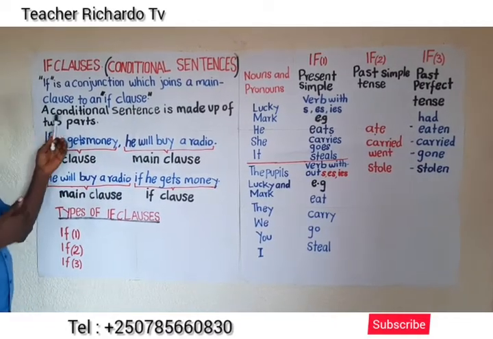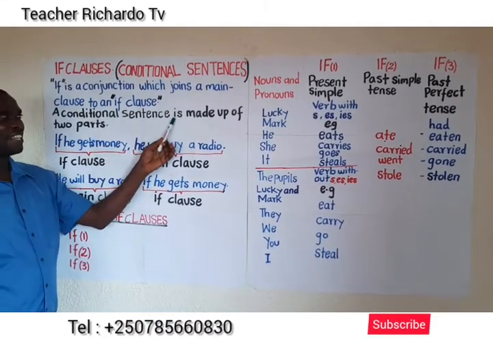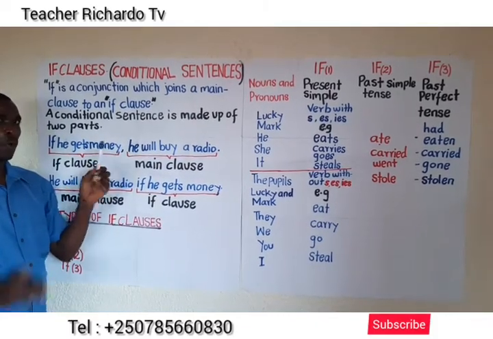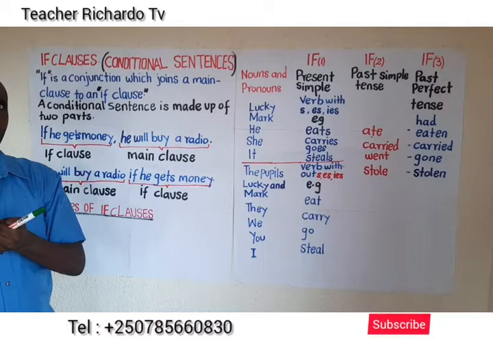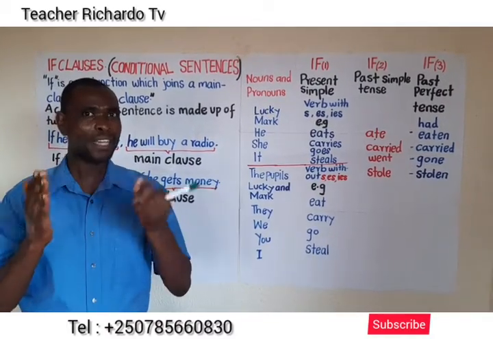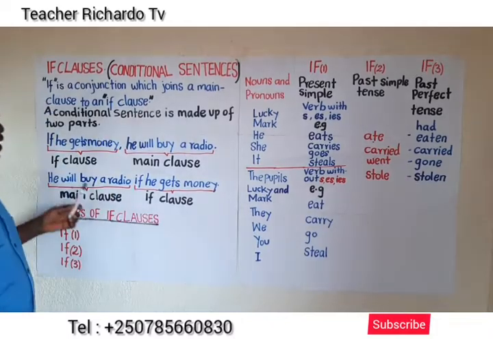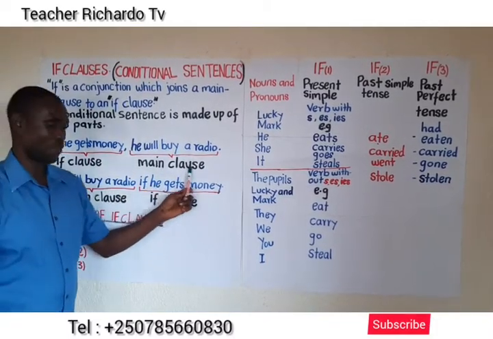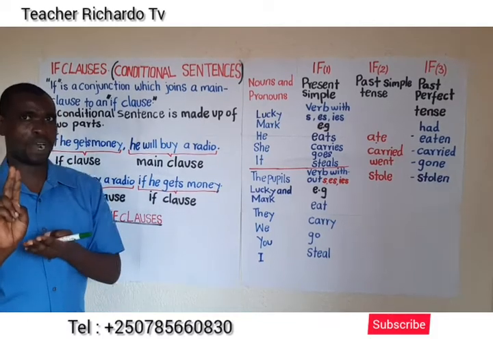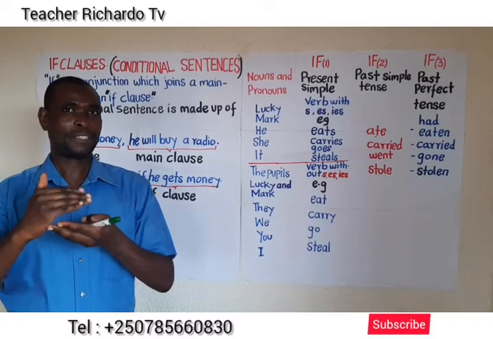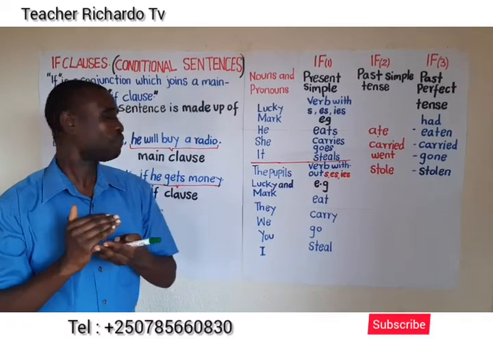A conditional sentence is made up of two parts. What are those parts? We have the if clause and the main clause. Those are the two parts which an if clause sentence has.